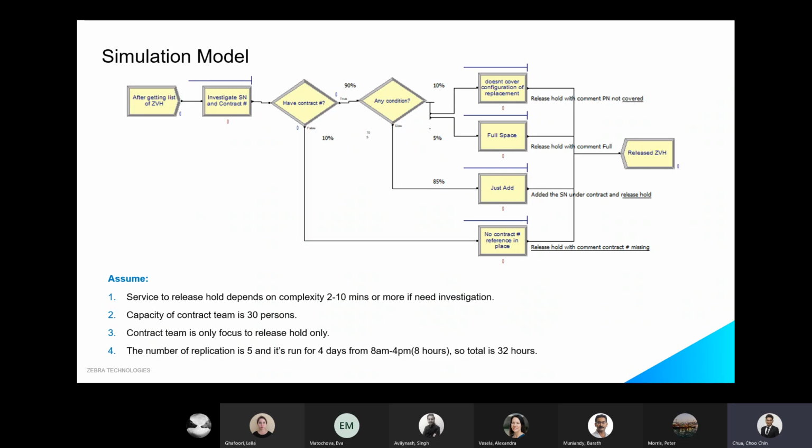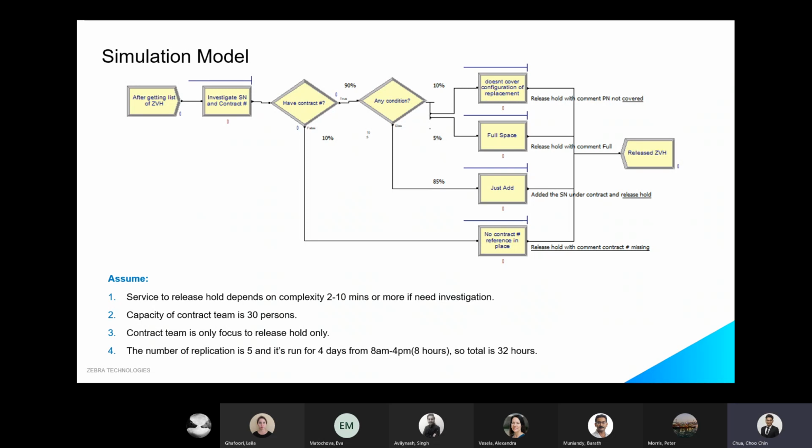I assume the capacity of the contract team is 30%, and the contract team is only focused on this. I know that some of the contract team have a lot of work, so this model only focuses on releasing the holds. Next is the number of replications.